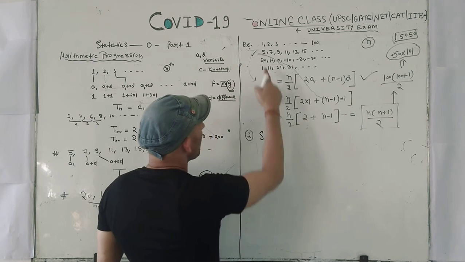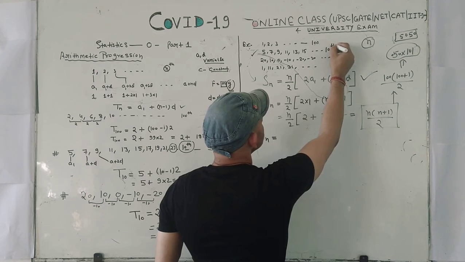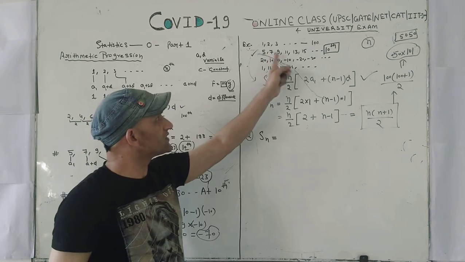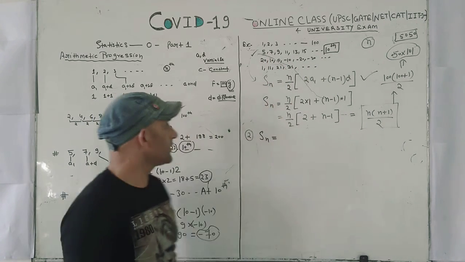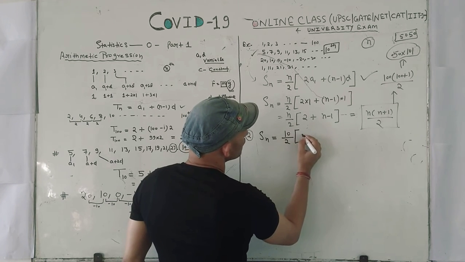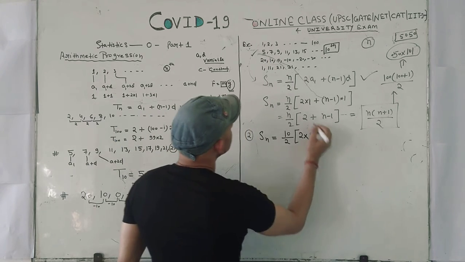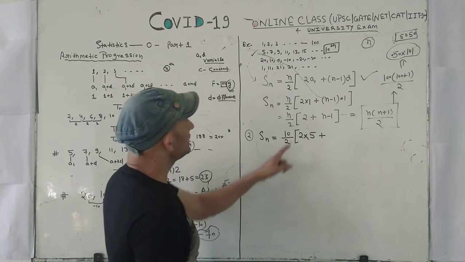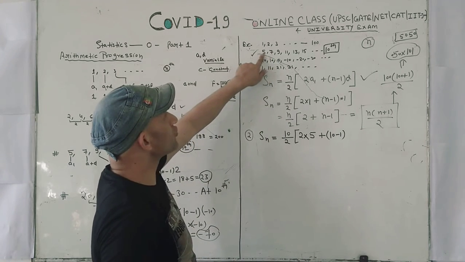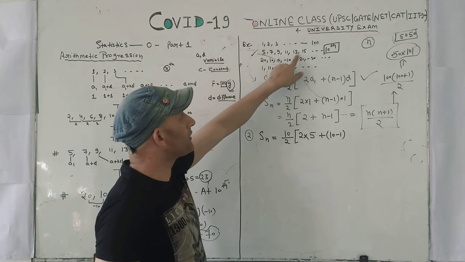Sn, where n is 10, because he is asking to find the sum of this series up to the 10th place. 2 into A, where A is 5, plus 10 minus 1 into D. 7 minus 5 is 2, 9 minus 7 is 2, 11 minus 9 is 2, 13 minus 11 is 2, 15 minus 13 is 2.